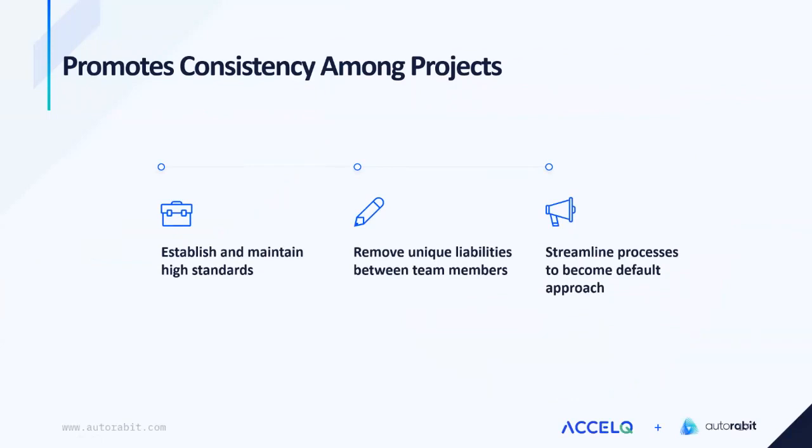Thanks, Vic. So just like Vic mentioned, the repeated process of an automated platform allows us to maintain a high level of consistency. So the standards and processes that you hold your projects to are managed from a central point. This central automated pipeline makes them much more accessible and visible.